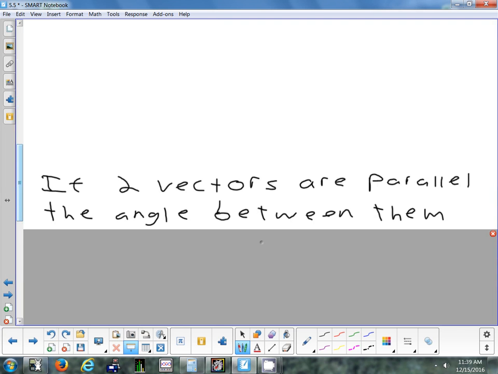Now, if two vectors are parallel, that's the other special case you can have. You could have two vectors that do this. What's the angle between those two vectors? 0, because they're right on top of each other. That's one way you could have parallel vectors. Or you could have this.